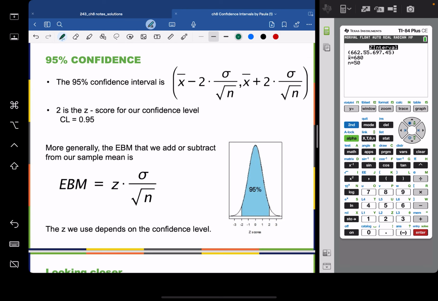All right, so the 95% confidence interval is x bar minus z, but here z is 2. So x bar minus z sigma over root n, that is our EBM. And again, x bar plus the EBM.